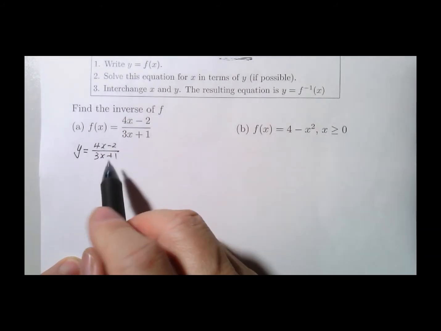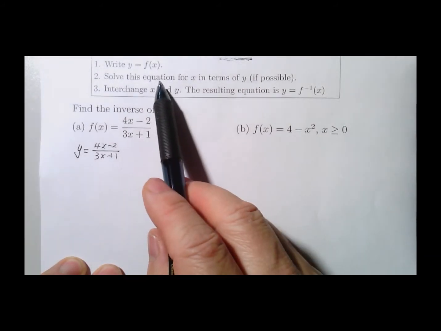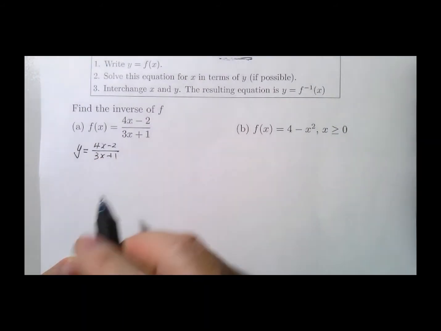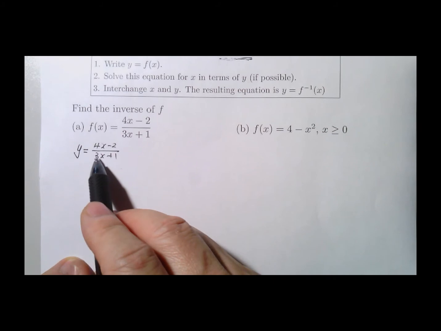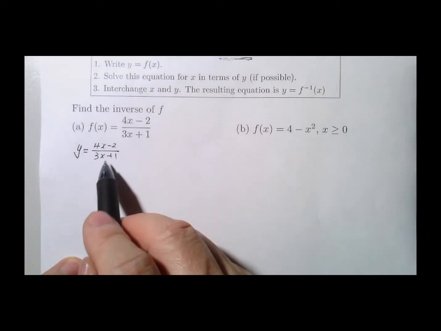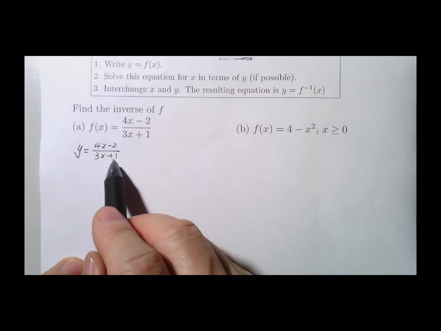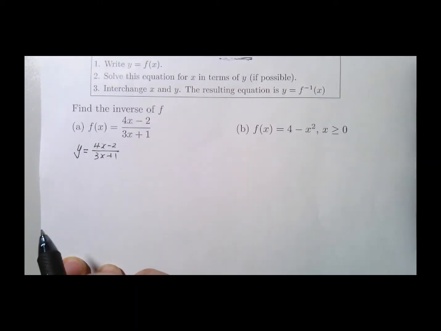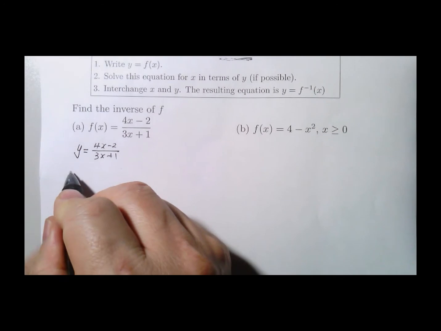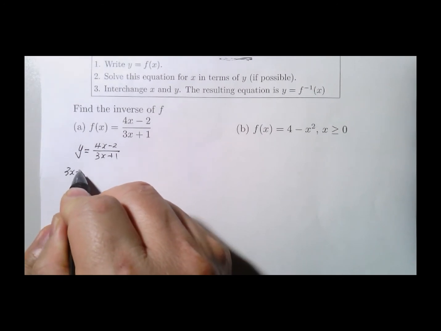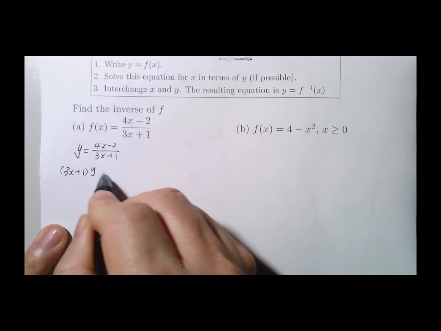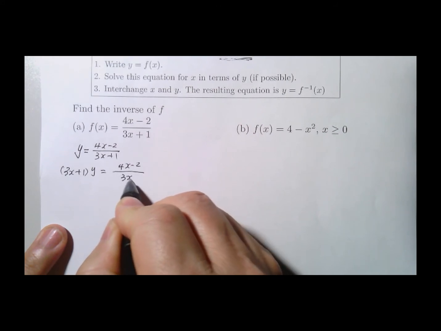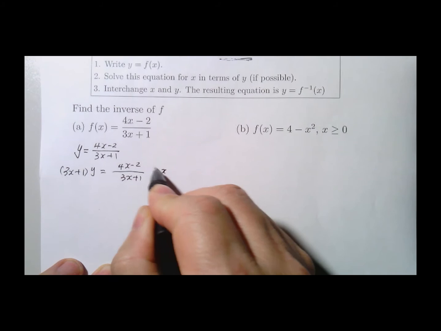The second step is to solve for x from this equation. In order to do that, we multiply (3x plus 1) to both sides of the equation.